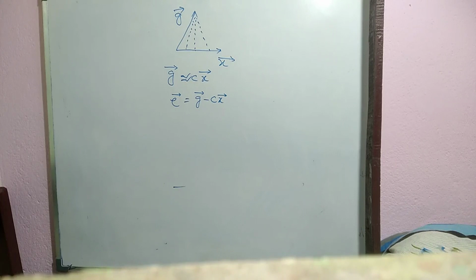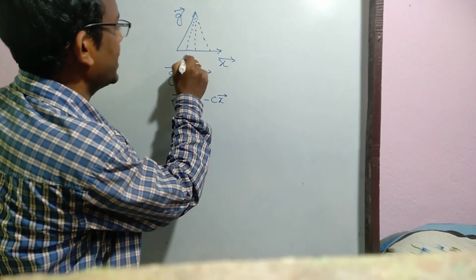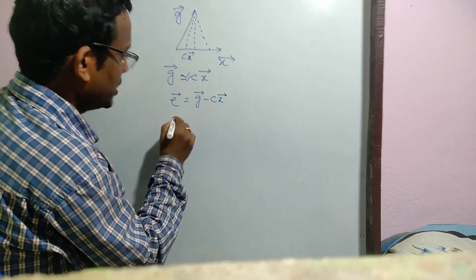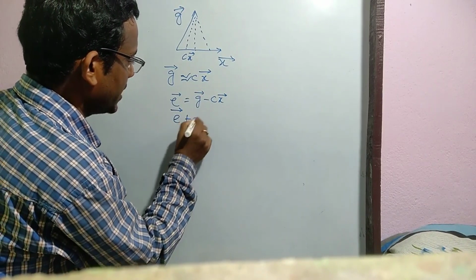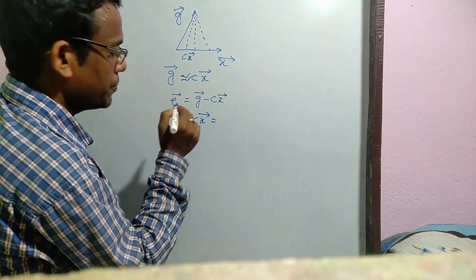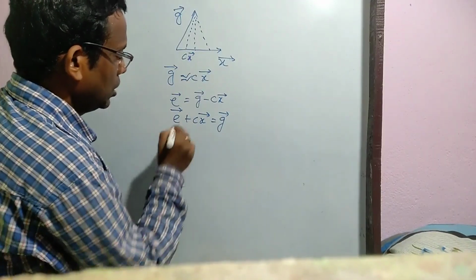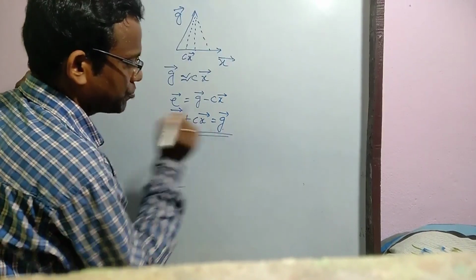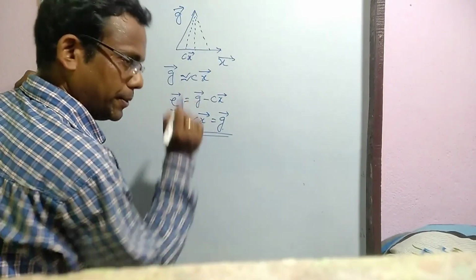Or in another way, we can tell that if we can represent this error in the direction perpendicular to the x direction, that means we are adding this error with cx, and the vector addition of this error with cx will give me g.